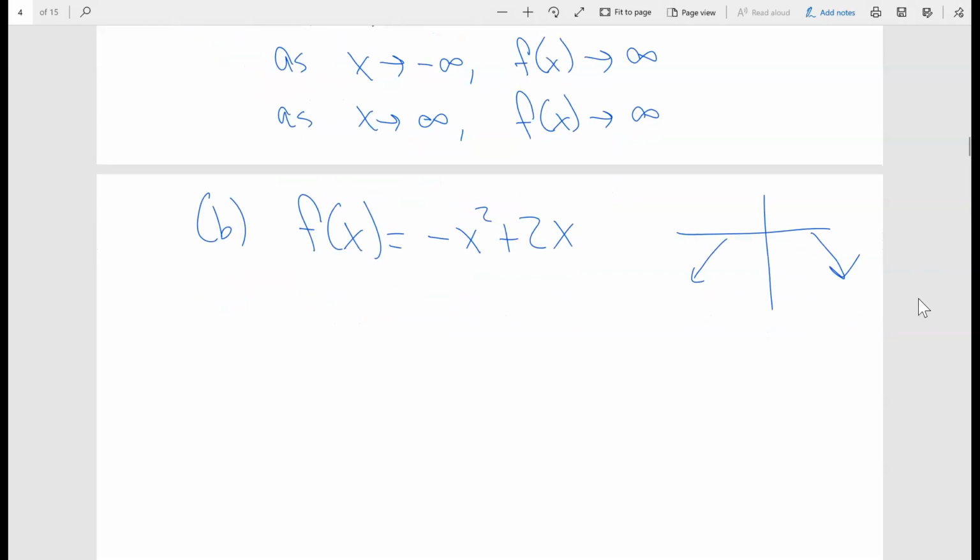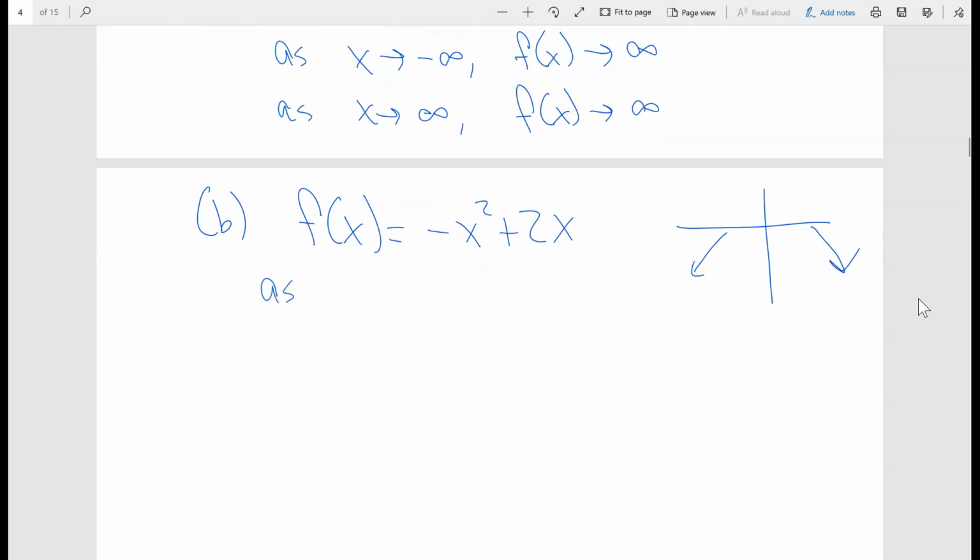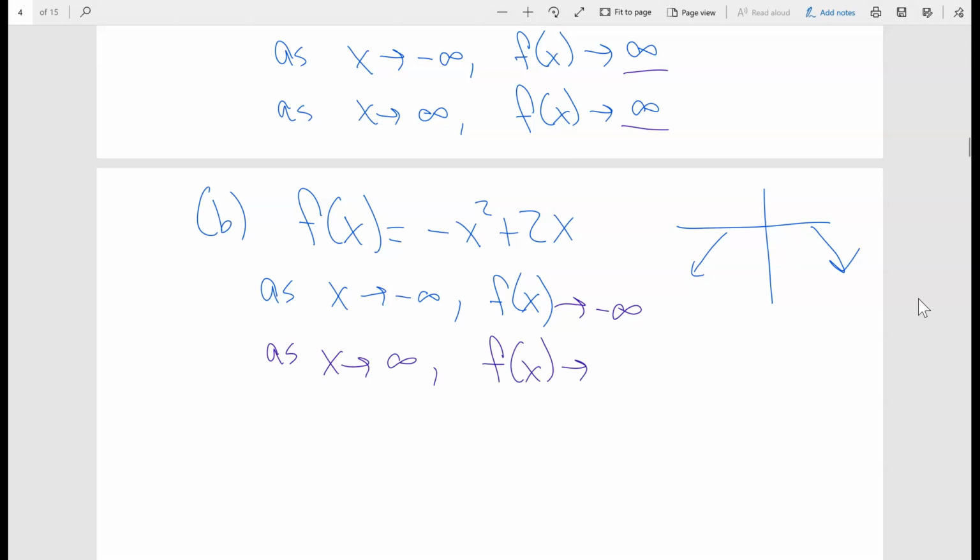As x goes to negative infinity, I switched the y values. My y values are not going to go to positive infinity, now they're going to go to negative infinity. And as x goes to positive infinity, again, my y value has switched. This one's going to go to negative infinity.